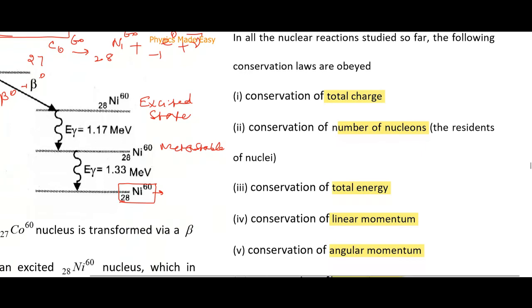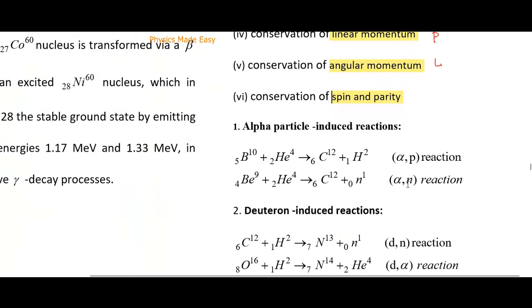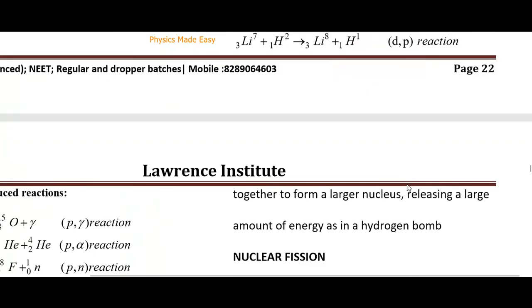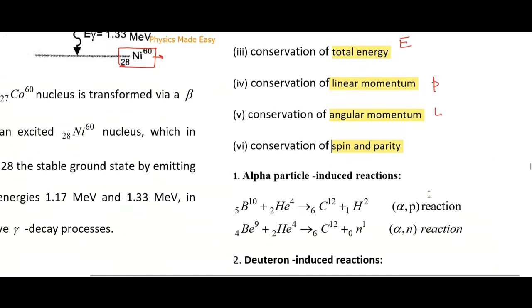This means Z is conserved, this means A is conserved, this means total energy E is conserved, and linear momentum P is conserved. Angular momentum L is conserved. All these are conserved, and then spin and parity, which are also conserved. I am denoting parity by P.